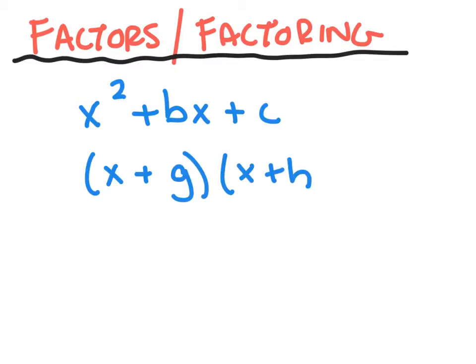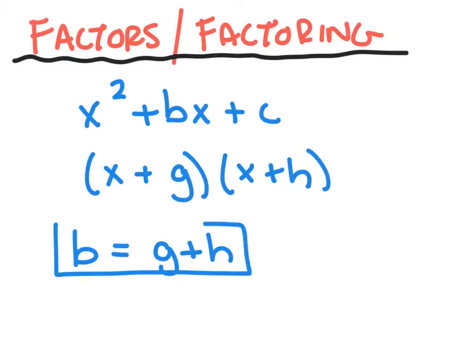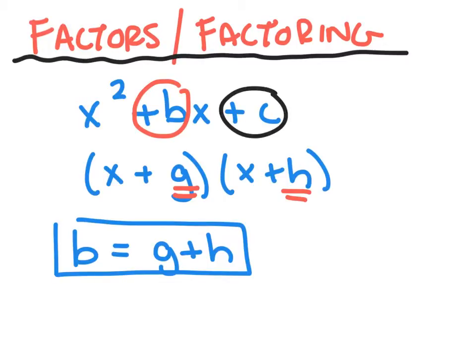To get B, the middle term, you need G and H to add together to give you that. Right? To get B, you're going to add these two numbers. But to get C, you are going to multiply those two numbers together. So it's a nice little shortcut in terms of how it works and how you can solve it.